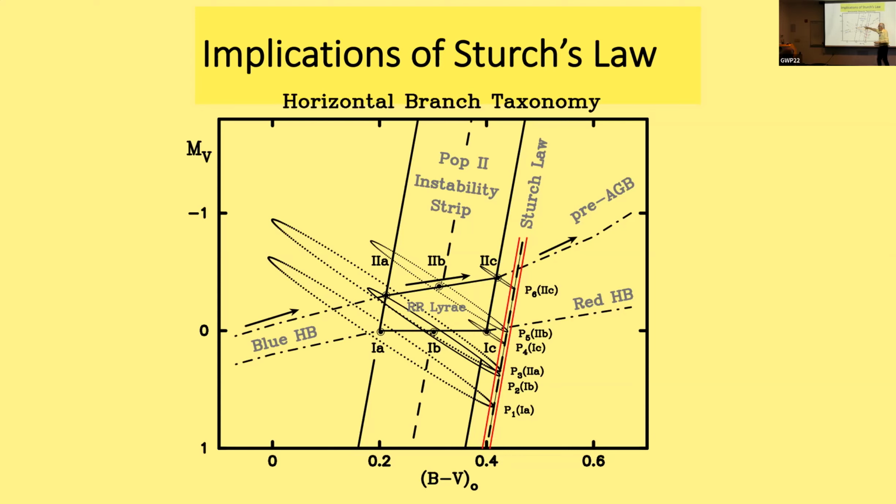These will also have a parallel sequence of increasing amplitude as you go to decreasing period and decreasing color. All the consequence of Sturge's law being imposed on the properties of the instability strip.